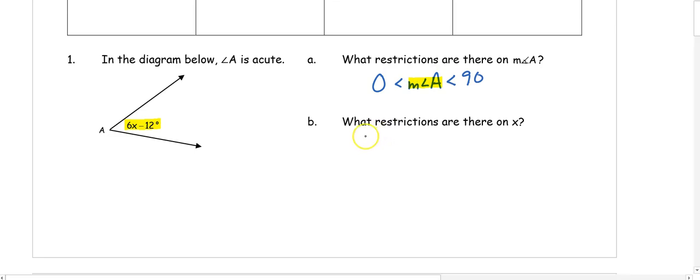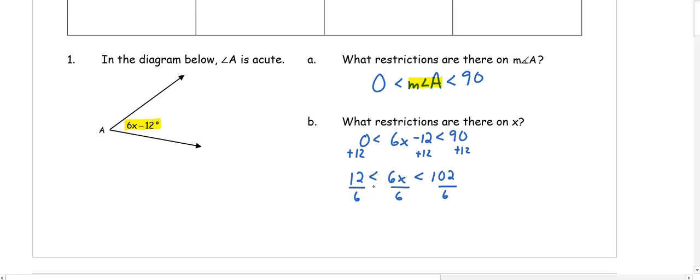So when we do that, we get 0 is less than 6x minus 12, which is less than 90. In order to solve for x, whatever we do to one side, we have to do to everything. So I'm going to add 12 on each side of my inequality. So now I have 12 is less than 6x, which is less than 102. And I'm going to divide everything by 6.